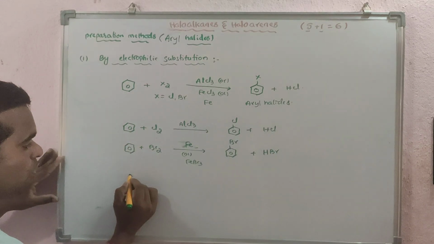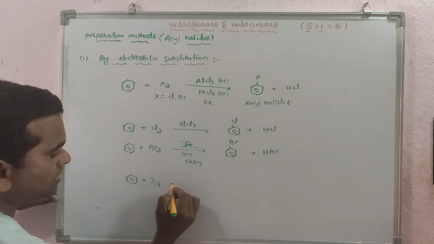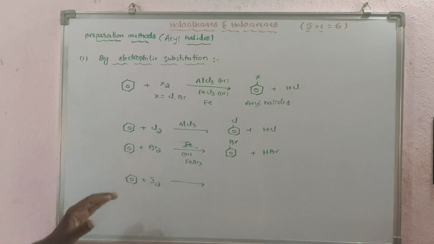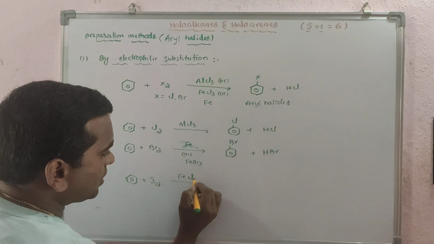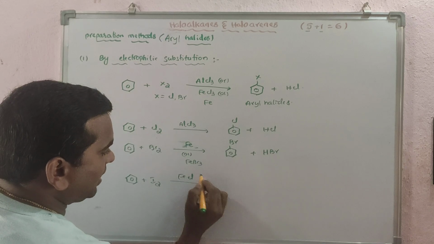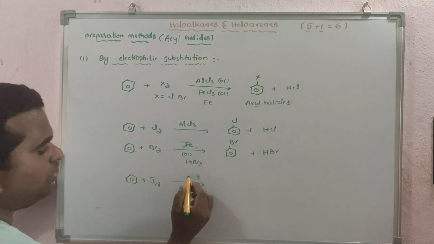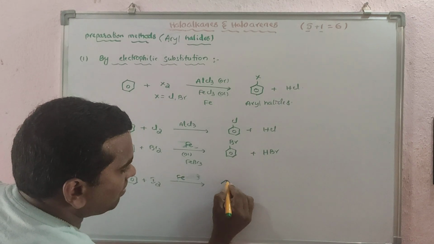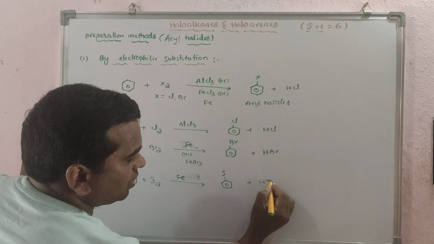Next, if I want to prepare iodobenzene, then what do I have to do? I have to use oxidizing agents. You already know that iodine with a catalyst such as Fe, gives the iodobenzene plus HI.